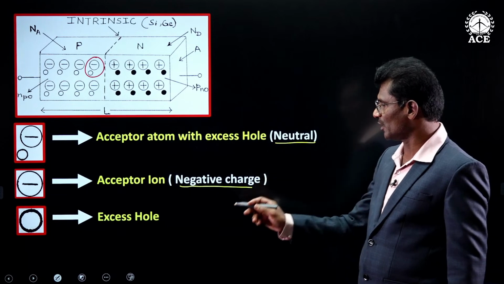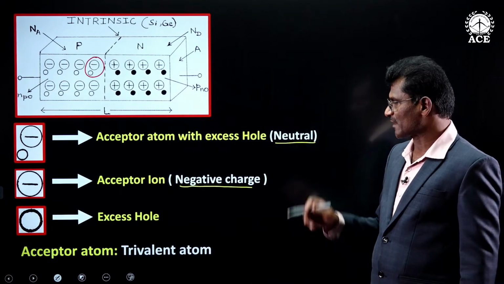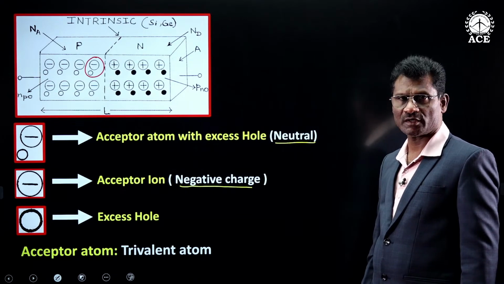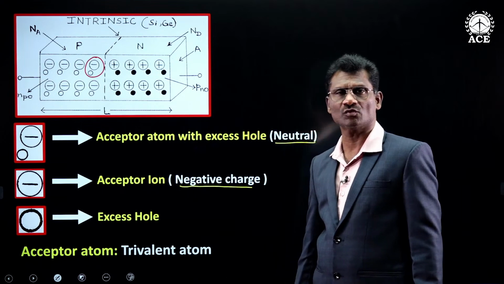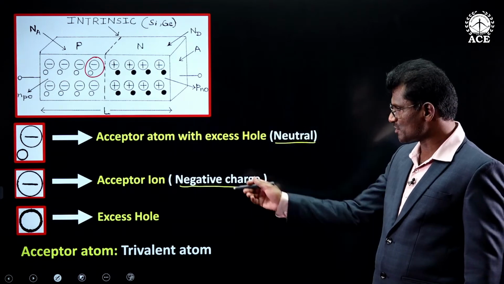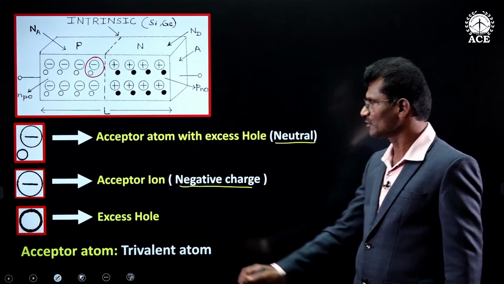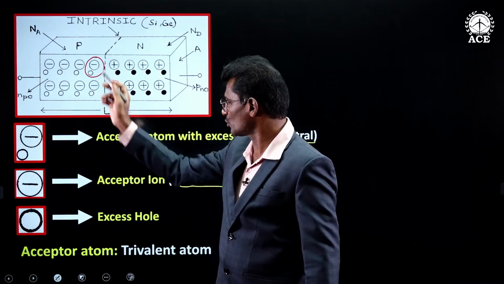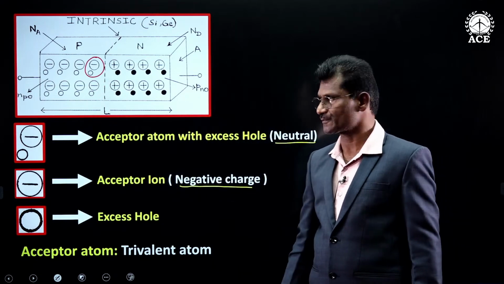And that small circle represents an excess hole. Acceptor atom means a trivalent atom, that is, an atom having 3 electrons in its valence shell. This is the notation that will be used in the complete discussion, and it will appear in the coming diagrams.